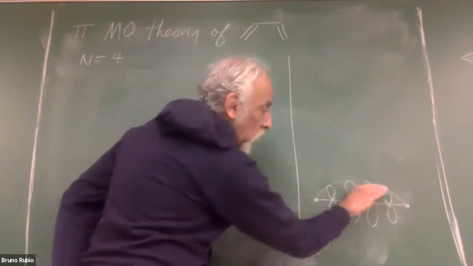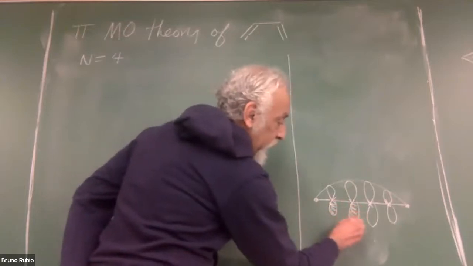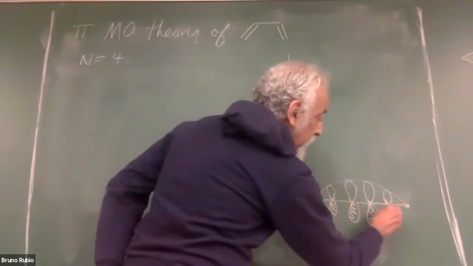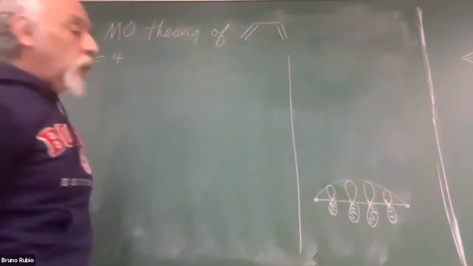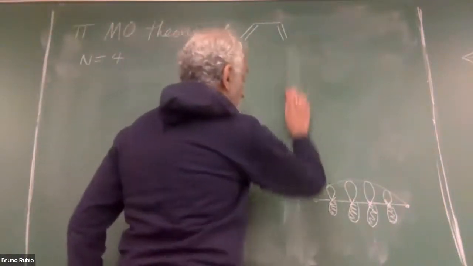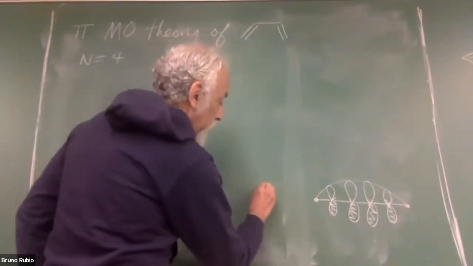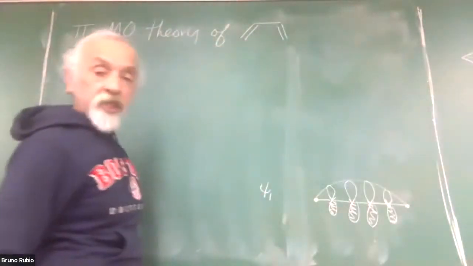And this wave is all positive. So this lobe is negative, negative, negative. Okay, I'm going to come up with, I think, a very nice picture here. So I'm going to call this psi 1. Right, that's the lowest energy orbital.